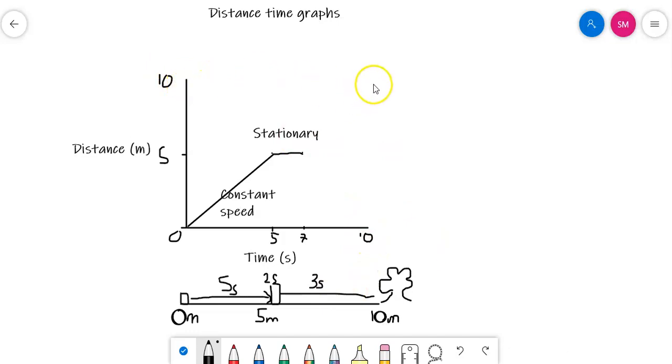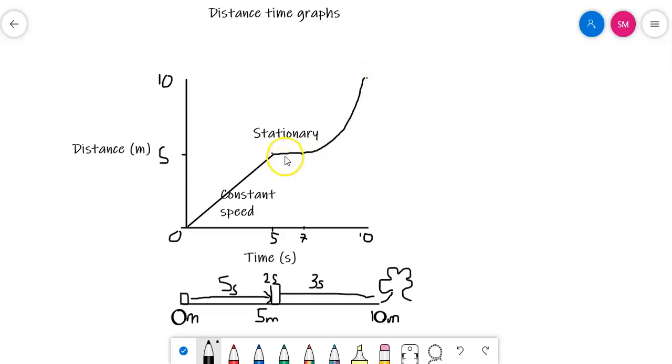So we're going to get to a point here where it takes 10 seconds to get to the 10 meters. We could do a line like this, but that's showing that the object would be going at a constant speed. So the way that we show that it's speeding up is that we do a curved line like that, or it would be better than that if we had a bit more control.